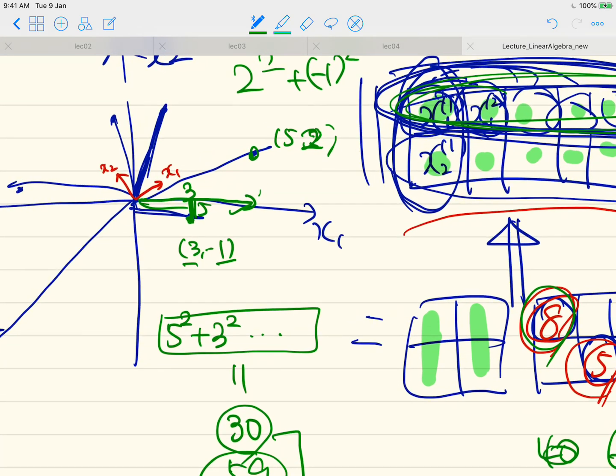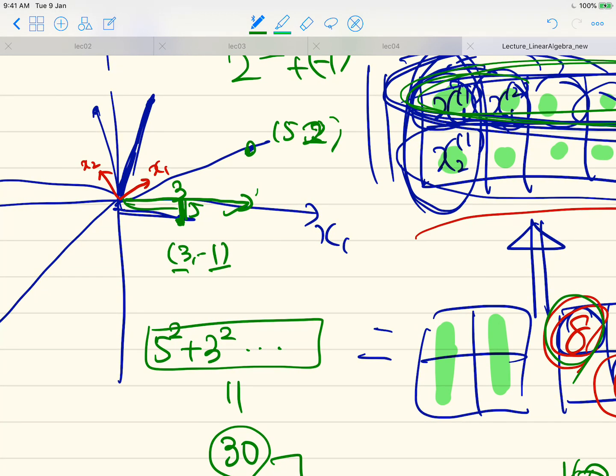8 squared is the variance along this new axis. This guy, using the previous standard basis, had coordinates 5, 2, and now using the new axis it is represented as maybe 9, -1, right?